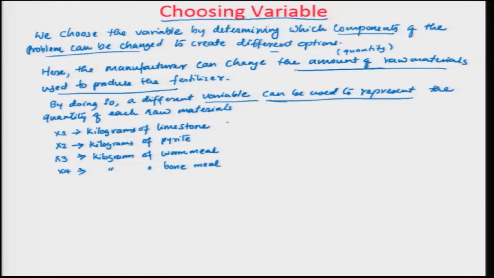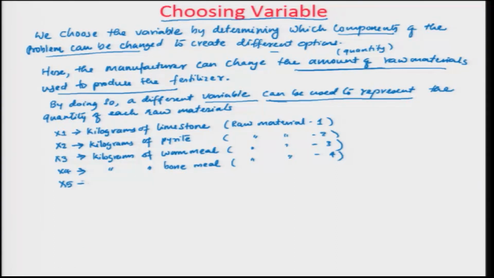So this is your raw material 1, this is your raw material 2, raw material 3, raw material 4. So these are the rows of the table, ideally speaking.